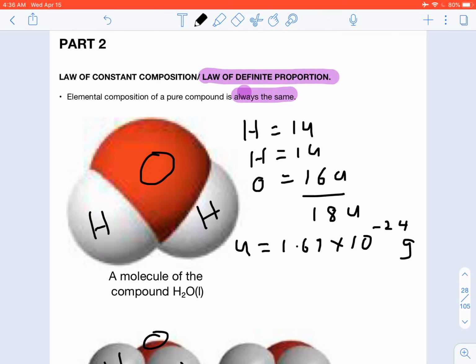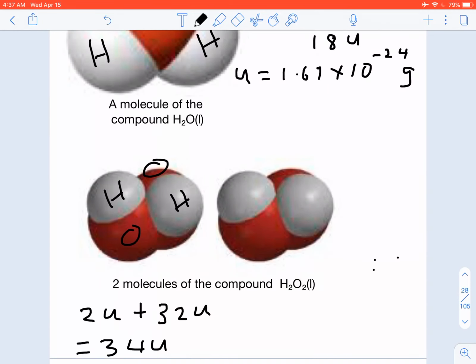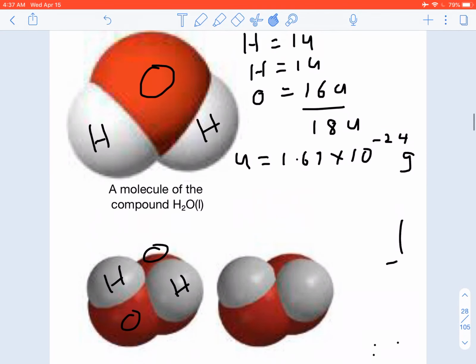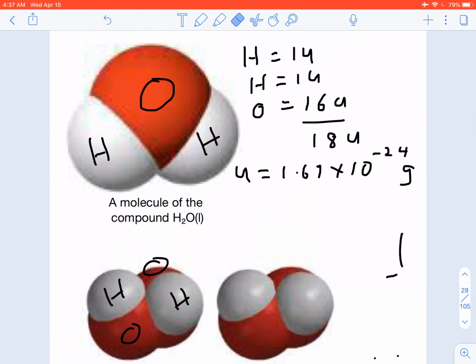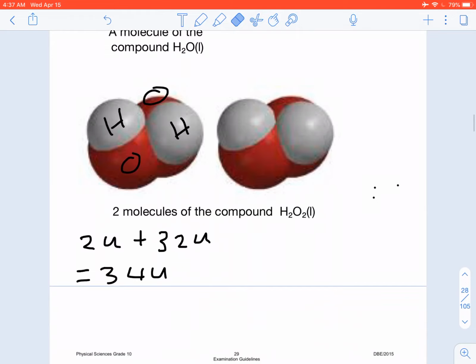That's the gender composition. All right, so here in this situation, we're looking at an elemental composition. And the composition of peroxide is also constant. That means hydrogen peroxide will always have 2 hydrogen atoms and 2 oxygen atoms.